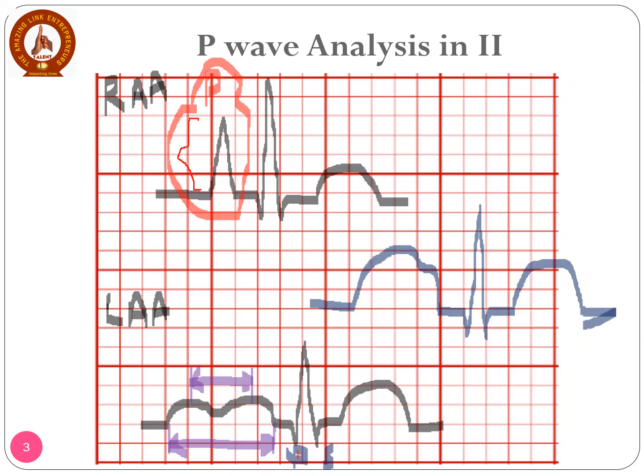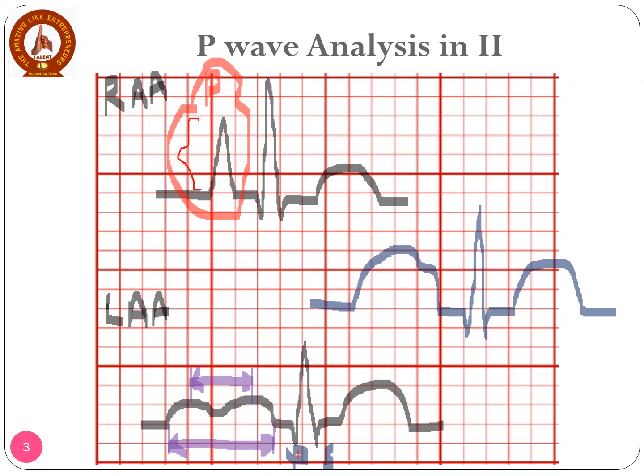The first wave here is the P wave. You could see the P wave is broad. The duration here is 0.16 seconds and it is tall. The amplitude is more than 2.5 millimeter and it has a little notch, so it's broad and tall.